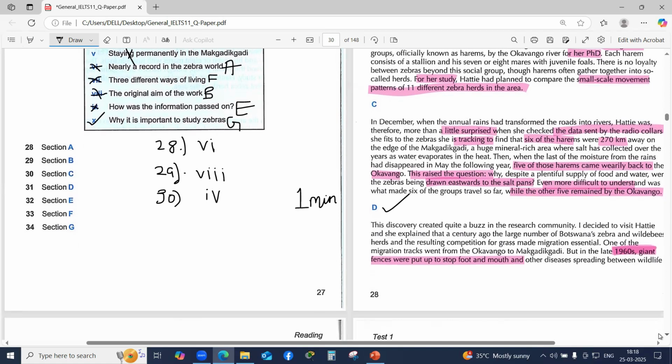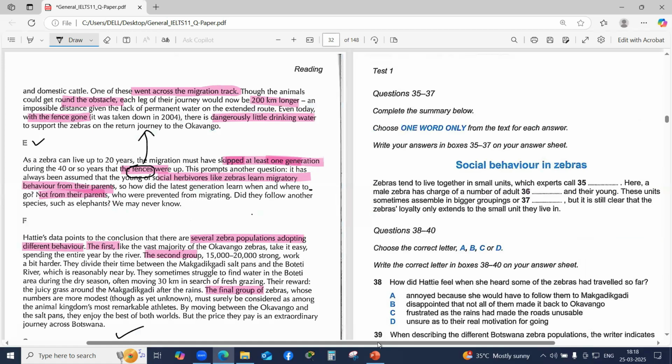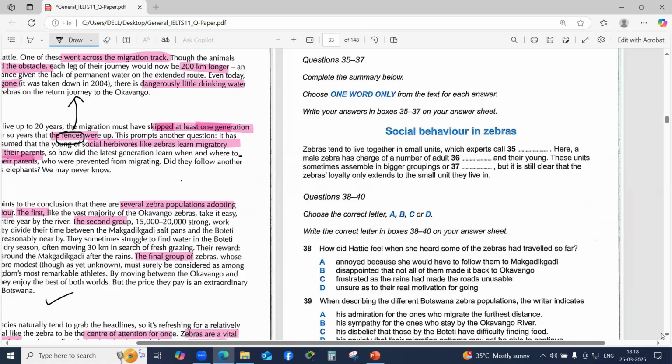Now we are going to solve the other question types to complete the section. One advantage of having list of headings is the question types that follow, 35 to 40. If you have a good memory, you should be able to get your answers very fast because you have already scanned the entire passage. Let's start solving without any delay.